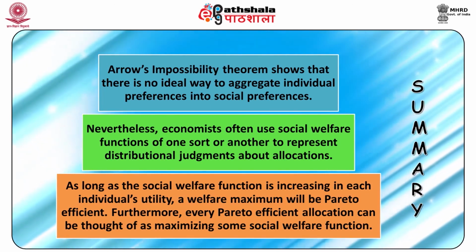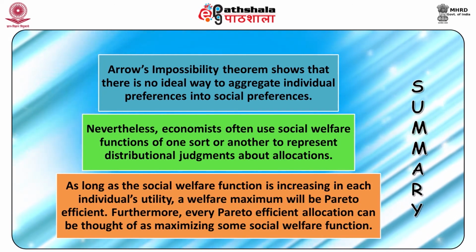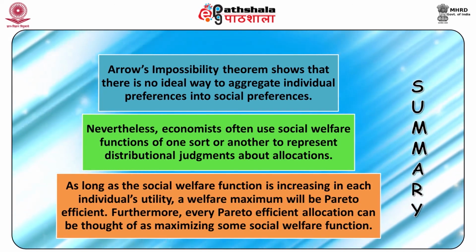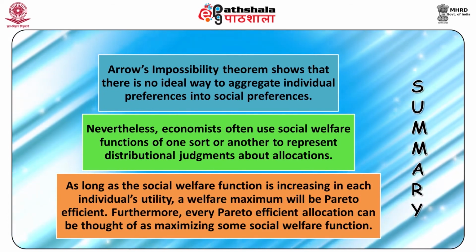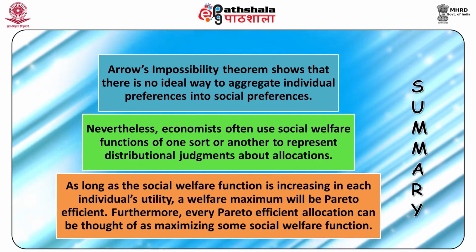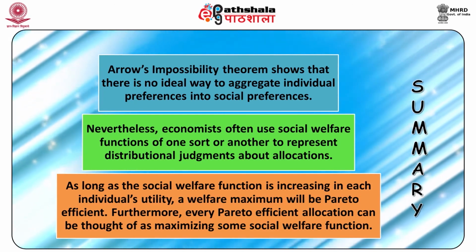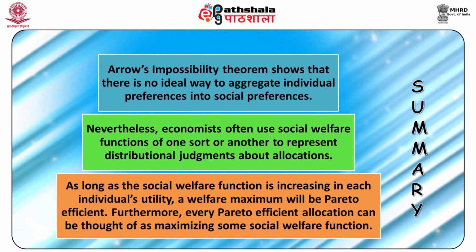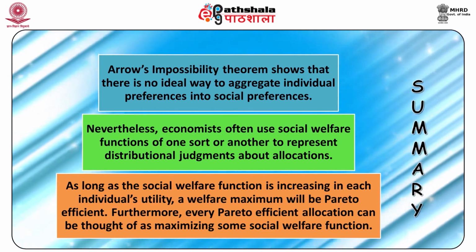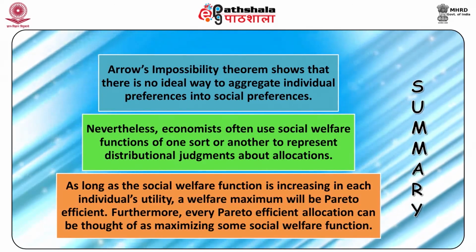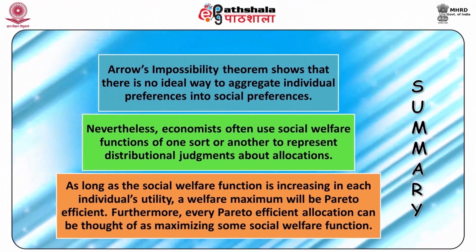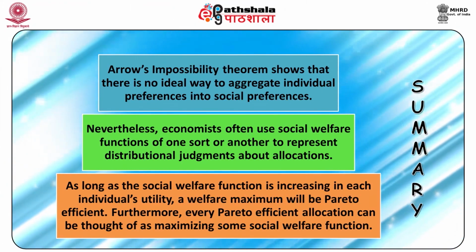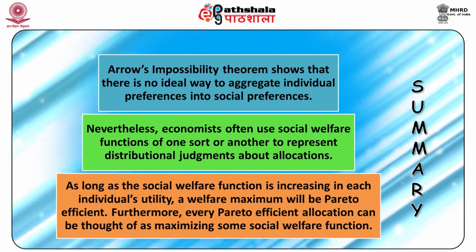Nevertheless, economists often use social welfare functions of one sort or another to represent distributional judgments about allocations. And 6. As long as the social welfare function is increasing in each individual's utility, a welfare maximum will be Pareto efficient. Furthermore, every Pareto efficient allocation can be thought of as maximizing some social welfare function.